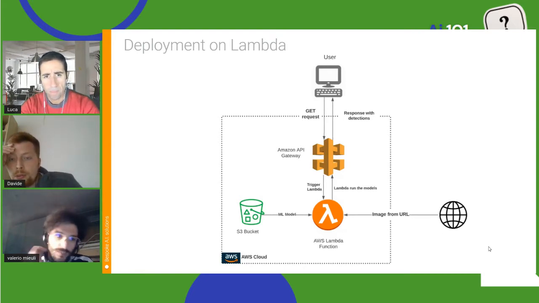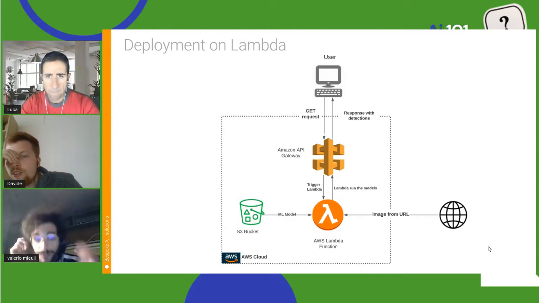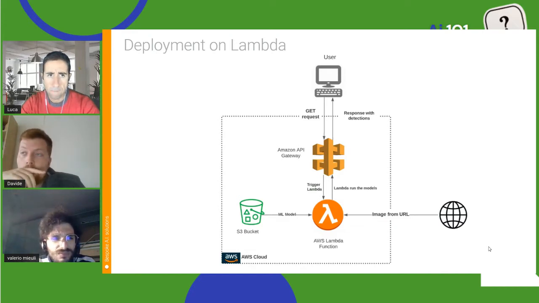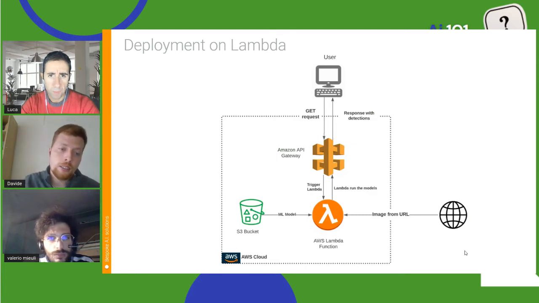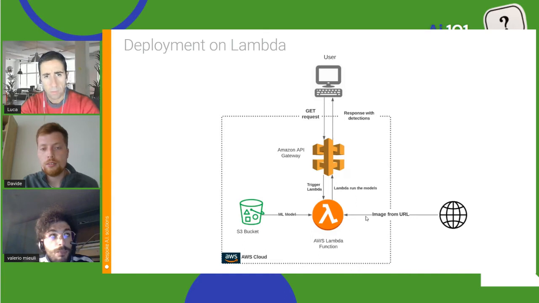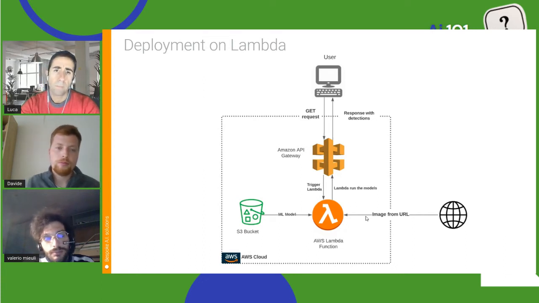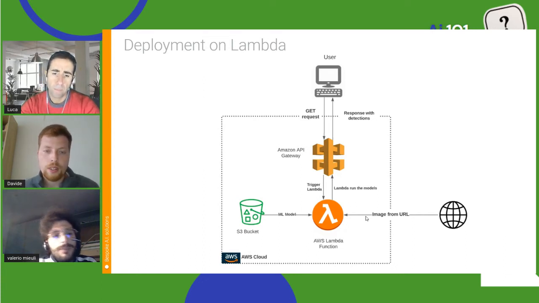Yeah, I don't think it's possible to send the image in the API call. So you have to insert the URL of the image as a parameter of the API call, right? Yeah. So in some way we have to first upload the image somewhere, get the URL, and input it in the Lambda.